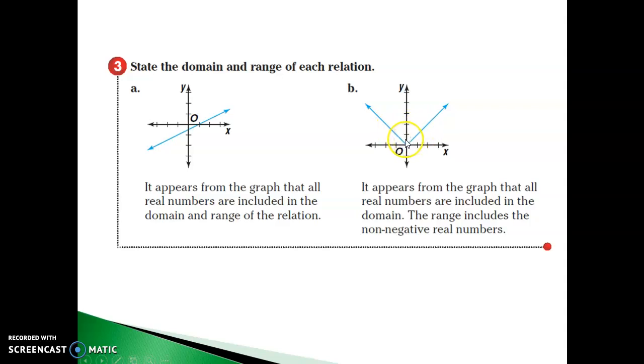And it doesn't matter that I have 2 points or 1 point. But once I go below 0, do you see that for these y values, there is no point on the graph that I can reach horizontally? So that means my y values start at 0 and go up from there. And so it's only going to be y values that are greater than or equal to 0, or what the book called non-negative numbers.